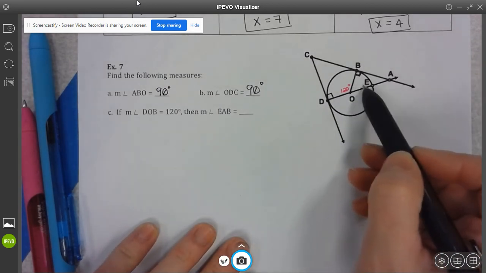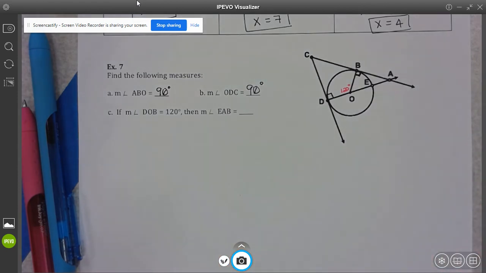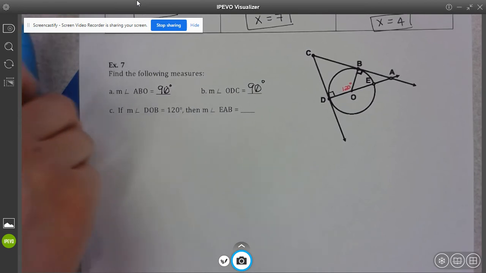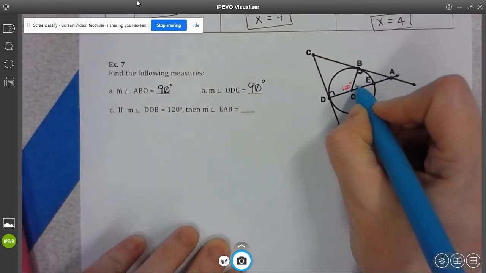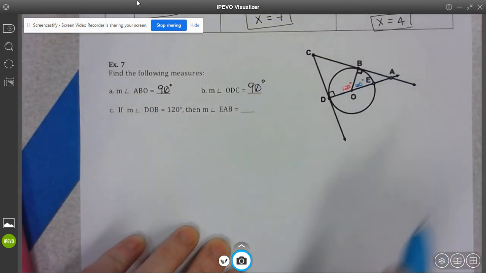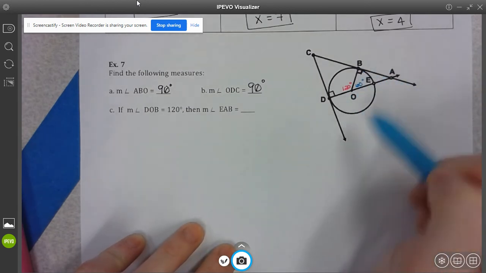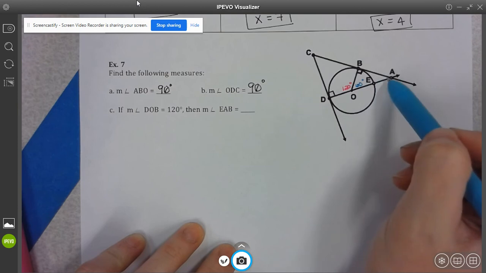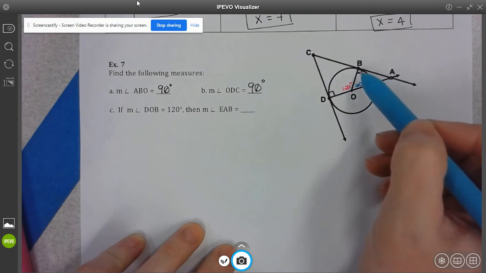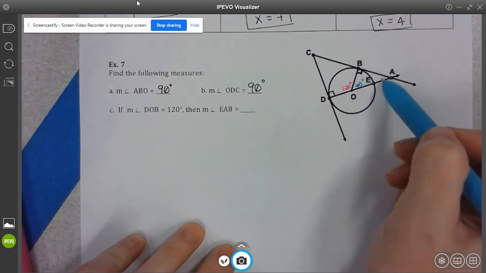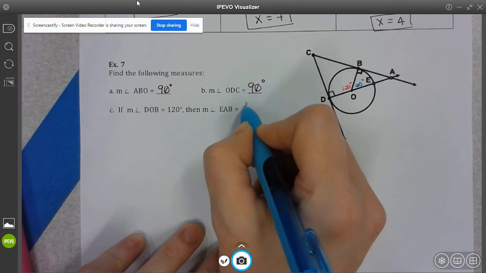So these 2 things added together have to make 180 degrees. Well, 180 minus 120 tells me that this is 60. And then here is my right triangle. So these two angles together have to add up to make 90. Well, I'm missing 30 degrees.